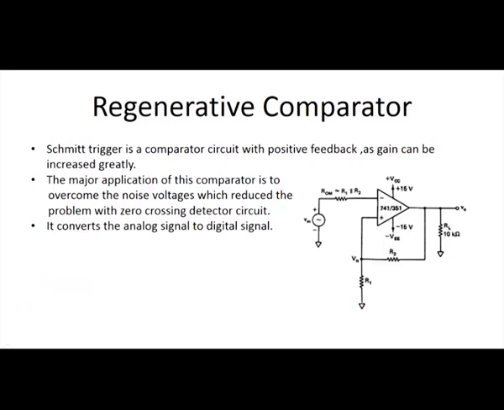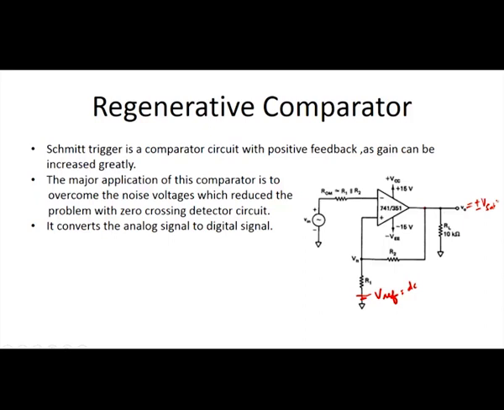Instead of a ground here, we will consider a reference voltage, some DC voltage, and here this is the output voltage. It is either plus V saturation or minus V saturation.